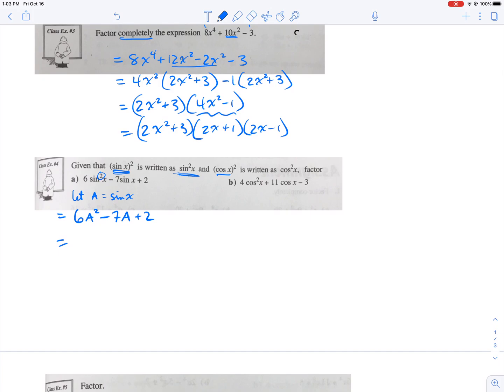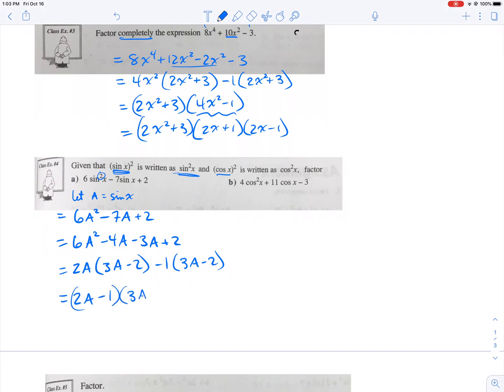All right, well, what multiplies to get 12 and adds to get negative 7? Do you know? And again, I'm going probably at a faster pace than many of you.